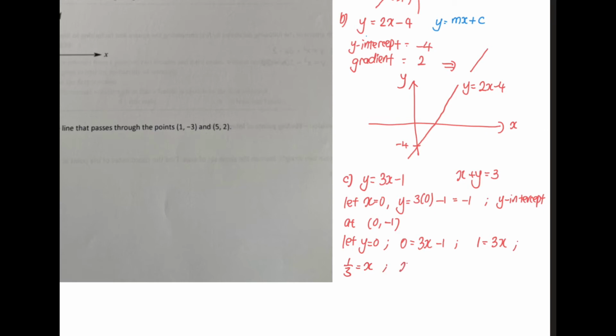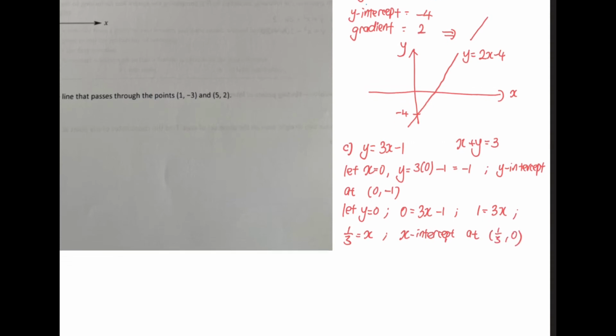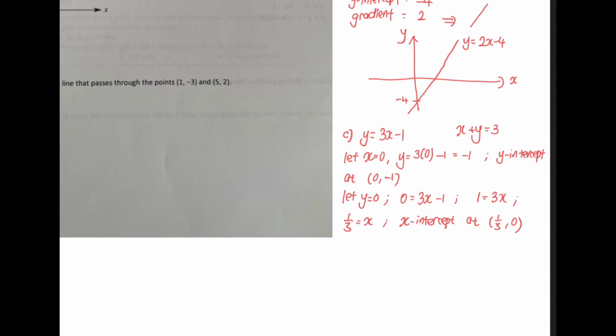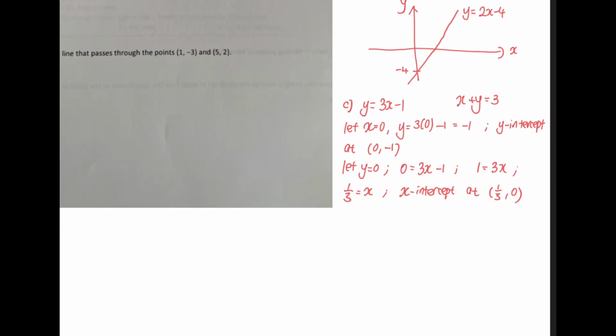Then we can say that the x-intercept is at 1 over 3, 0. Okay, so this is the information that we obtain for the first graph. Let's say I just draw out the first graph.